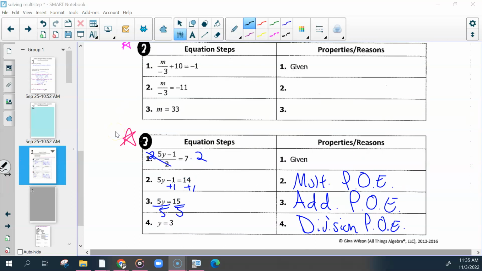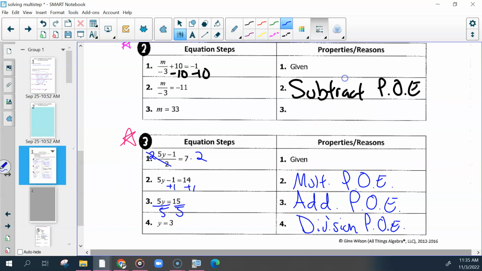Alright, from step 1 to step 2, what did we do there? Go ahead, Victoria. Say that one more time. What did we subtract? Right, and then from step 2 to step 3, Christian. Multiplication.